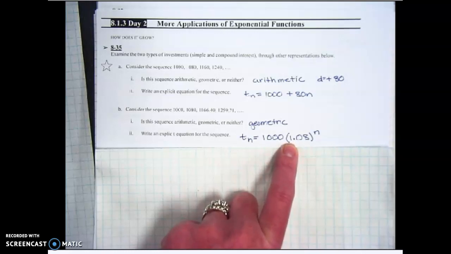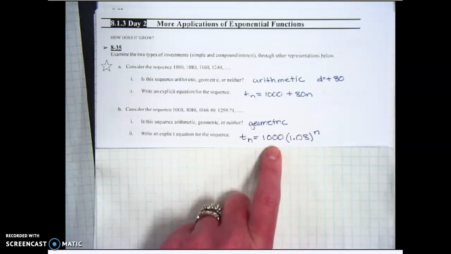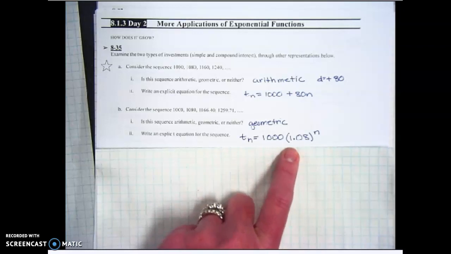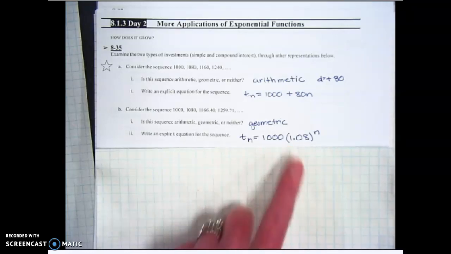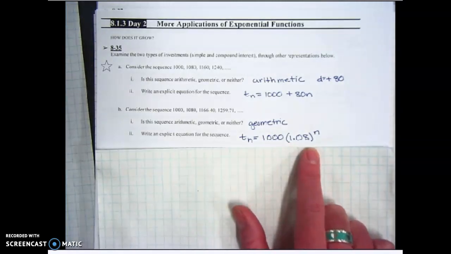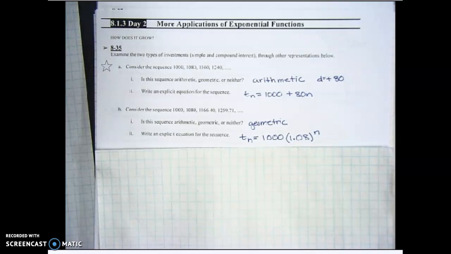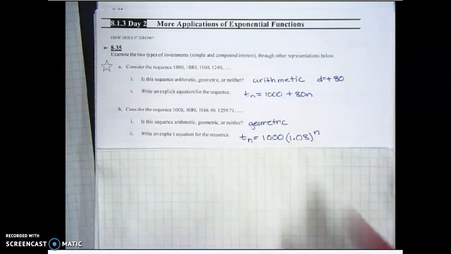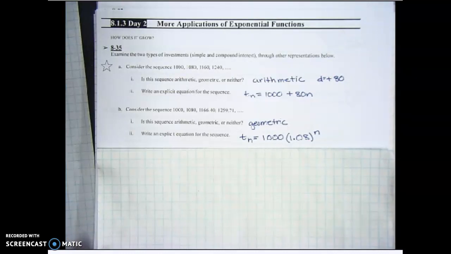So we can count the 1,000. Yes. So if you use the 1, it includes the 1,000 instead of having to add it back afterwards. Okay? So we use 1.08, not just 0.08. And then the n is going to represent whatever term. I think yesterday it was years, right? Every year it calculated. All right?